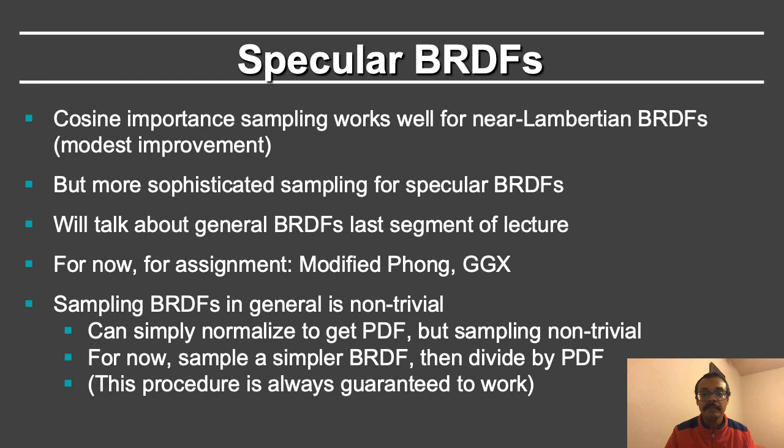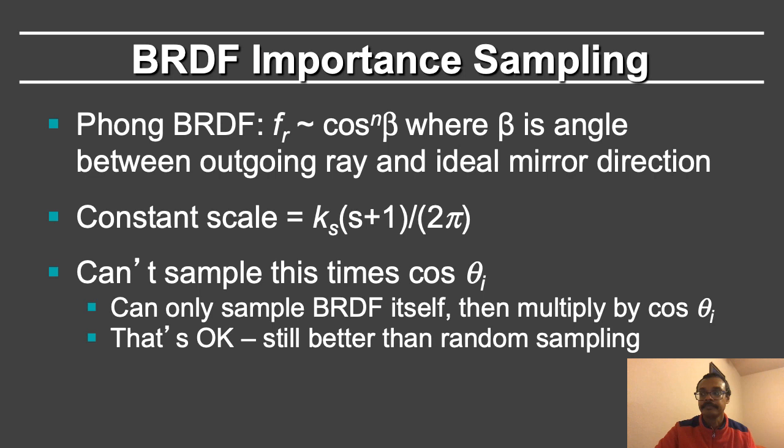And the procedure is always guaranteed to work because for Monte Carlo sampling to be unbiased, you just need the function divided by the probability. First, let's talk about a Phong BRDF. In this case, the BRDF is proportional to cosine power n of some beta angle, which is the angle between the outgoing ray and the ideal mirror direction.